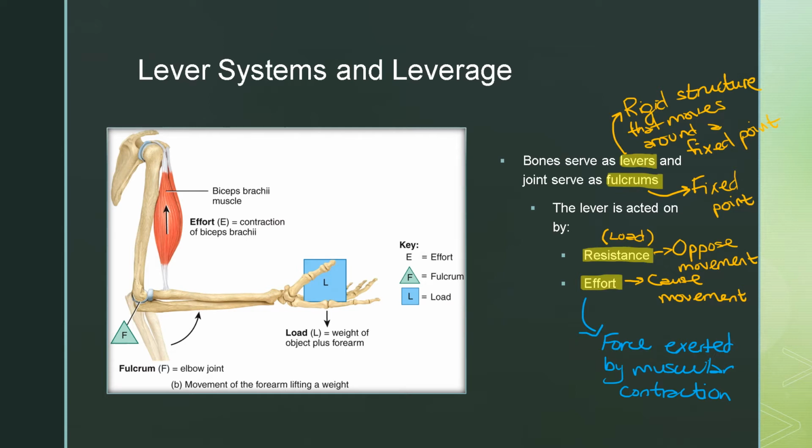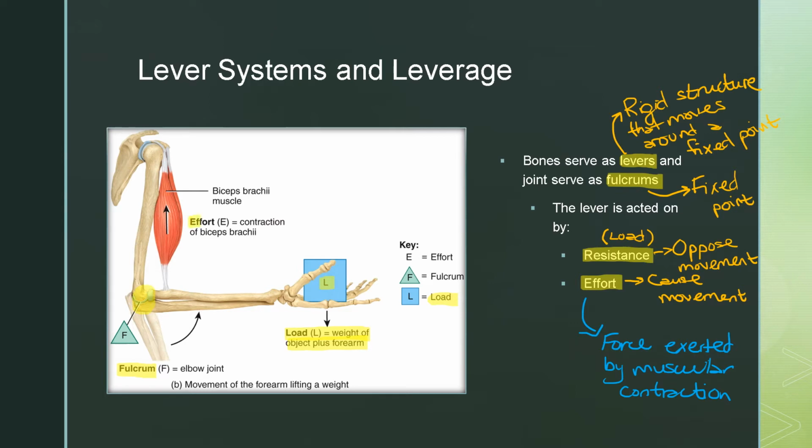So like in this picture on the left here, we can see that the load is this little blue box. And so this is going to be the weight of the object plus the weight of the forearm. The fulcrum here, in this example of the movement of the forearm lifting a weight, is the elbow joint right here.